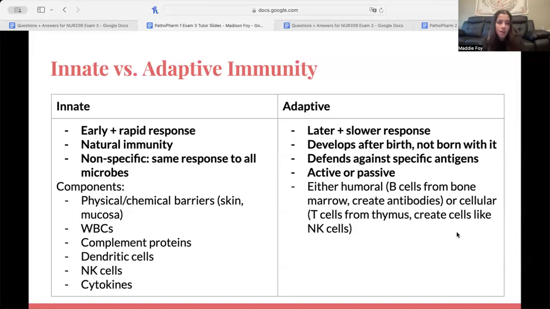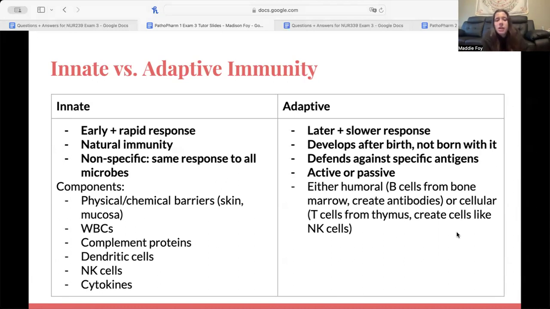That's part of innate. White blood cells, complement proteins, dendritic cells, natural killer cells, and cytokines are all components of the innate immune system, and they just respond to an invader, point blank. It doesn't matter what it is. Those just work to protect your body from any kind of pathogen.